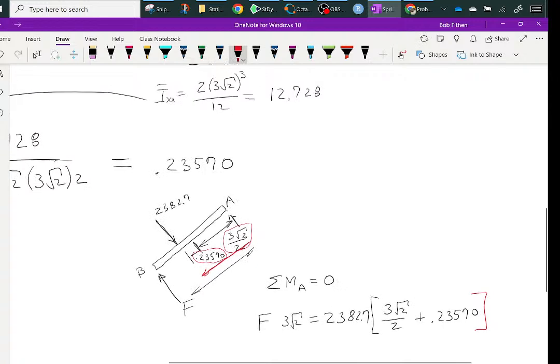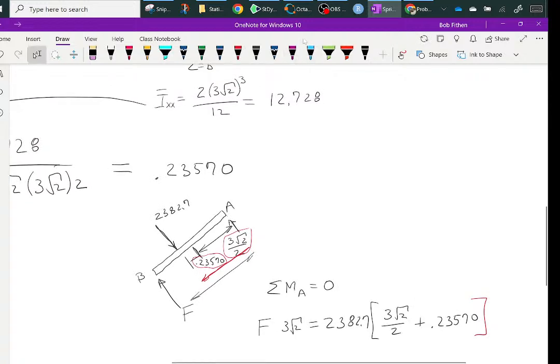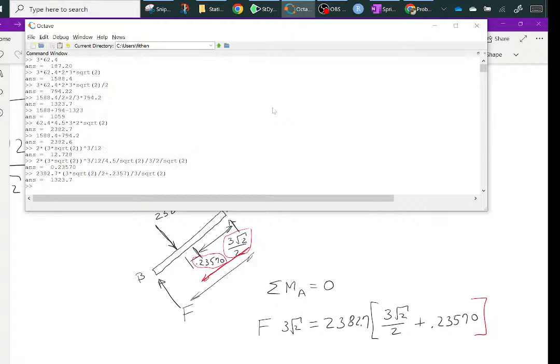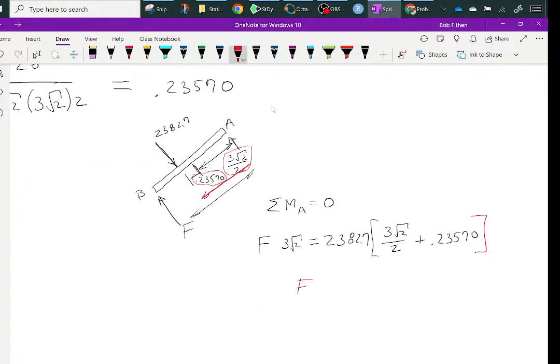And let's see what I get there. Okay. This is going to take 2382.7 times parentheses 3 times square root of 2 divided by 2 plus 0.2357. Square that out, divided by 3, divided by square root of 2, and I get 1323.7.